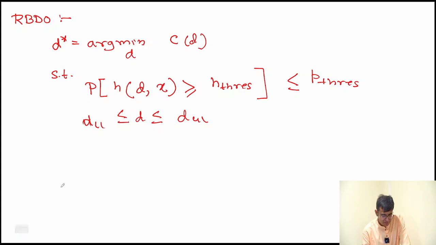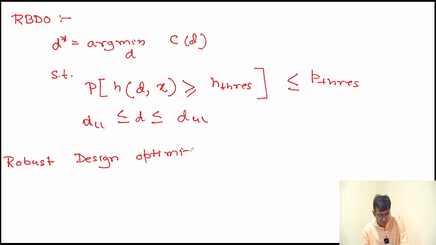which is known as robust design optimization, or RDO. The previous one was RBDO. This is RDO, and there is RBD also we talked about slightly.